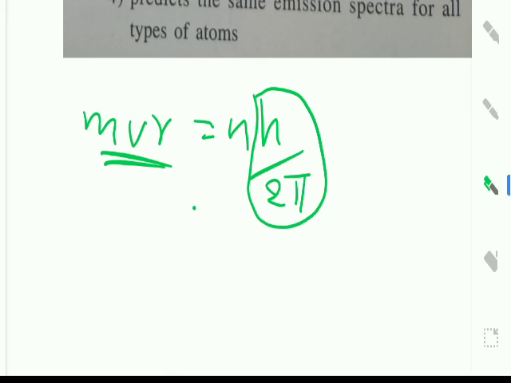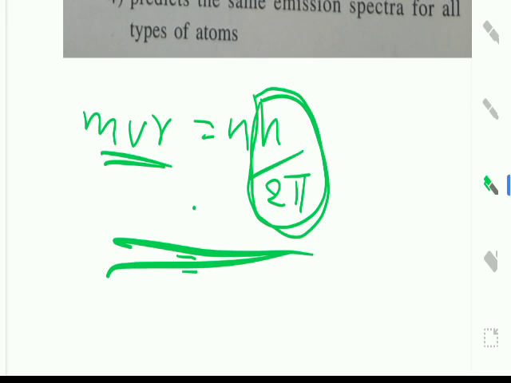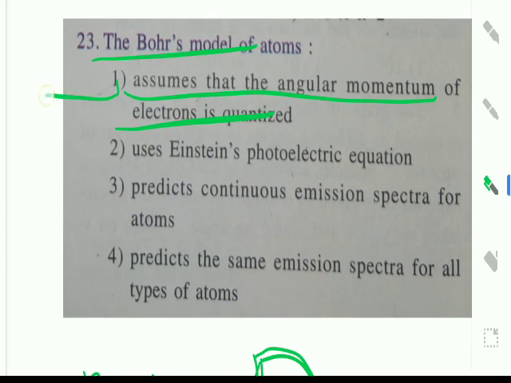Quantized means it is multiplied by whole numbers, and the other values are constants, so angular momentum is quantized. Option 1 is the right answer.